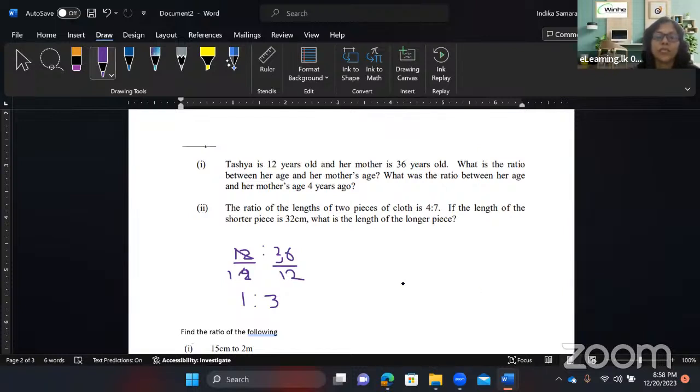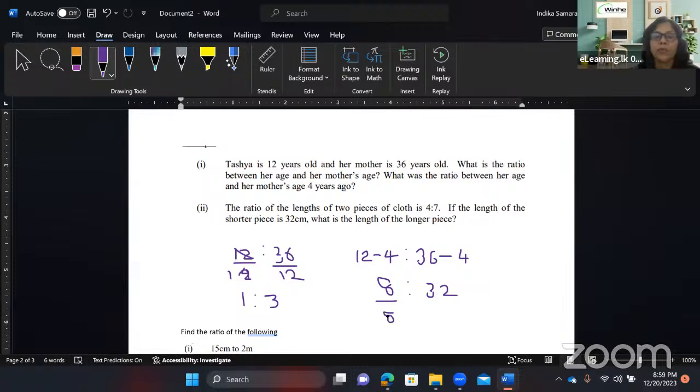What was the ratio between her age and her mother's age 4 years ago? 4 years ago means 12 minus 4 to 36 minus 4. 12 minus 4 is 8. 36 minus 4 is 32. Then what is the ratio? 8 to 32 is the ratio, but you can simplify this further, or else you can write a simpler form.